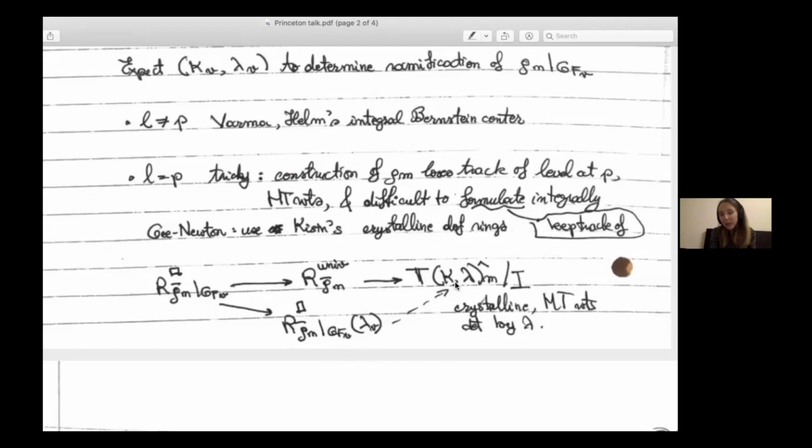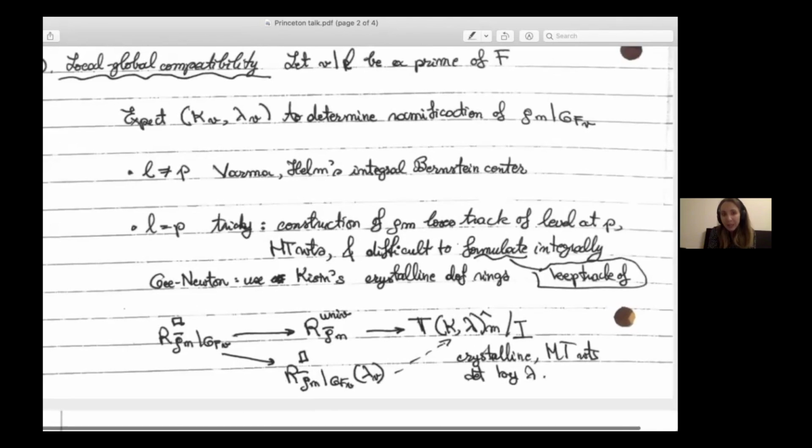And of course, in the 10-author paper, where we prove this result for elliptic curves, we are able to prove some cases of local-global compatibility, but the cases that we prove are really restricted. So essentially we prove the two cases where you can actually formulate the conjecture differently, where you have the right notions in integral p-adic Hodge theory.